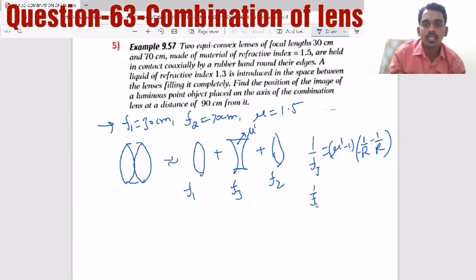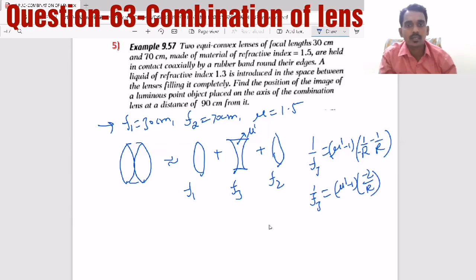So the 1 by f3 value will become (mu dash minus 1) into minus 2 by r. Now find the position of the image of a luminous point object placed on the axis of the combination lens at a distance of 90 centimeter. So first you have to take the effective focal length of the combination.